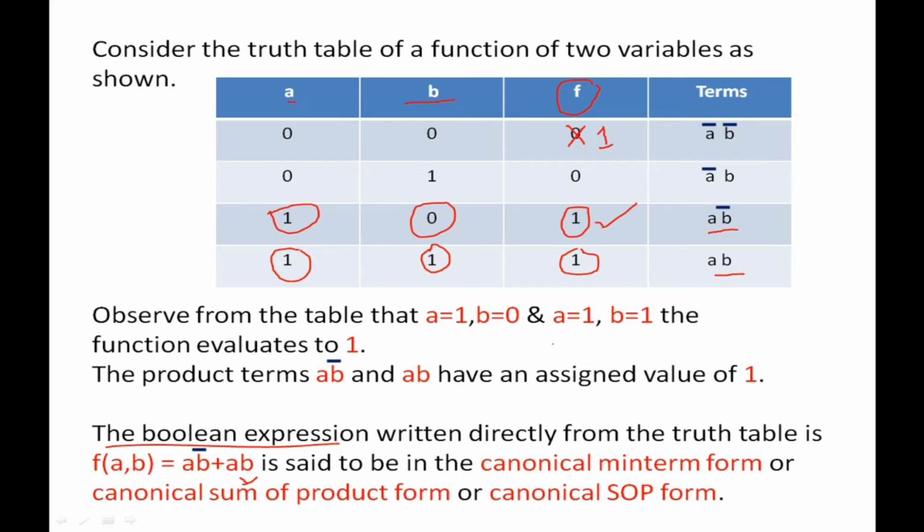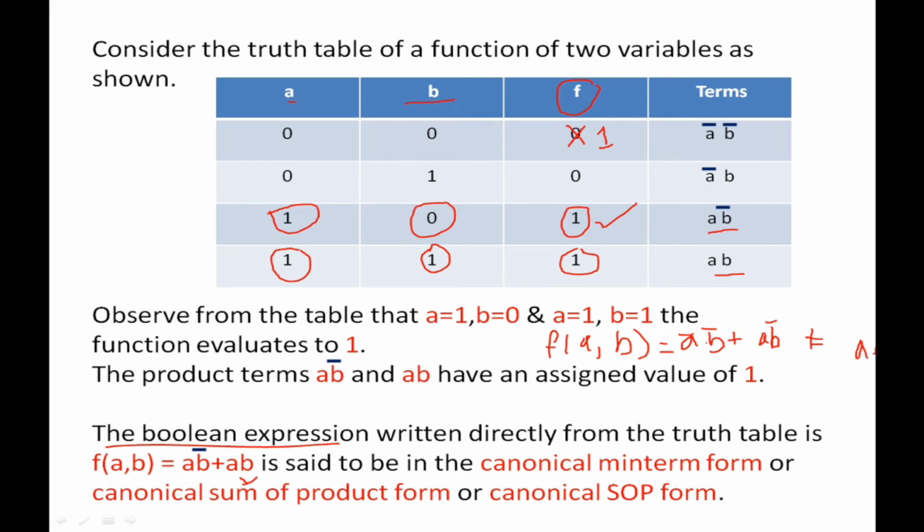So the function f of a comma b would be equal to a bar b bar plus a b bar plus ab.